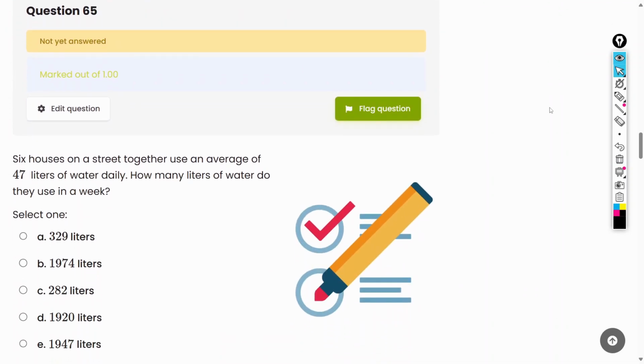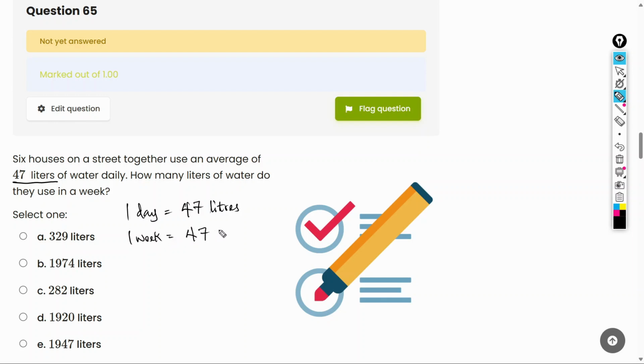Question 65. 6 houses on a street together use an average of 47 liters of water daily. How many liters of water do they use in a week? So 1 day is 47 liters. So 1 week, remember 7 days make 1 week. So that will be 47 liters times 7.